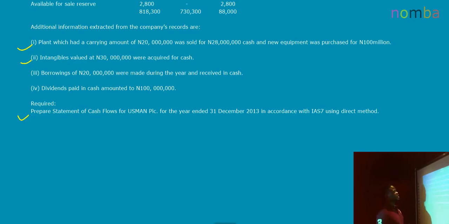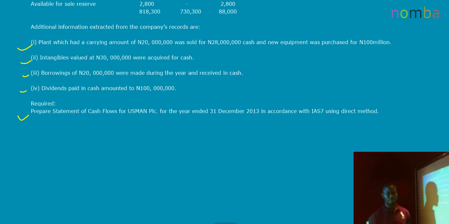Also, intangibles valued at 30 million were acquired for cash, and borrowings of 20 million were made during the year and received in cash. We're told that dividends paid in cash amounted to 100 million. Okay, those were the additional information given to us.